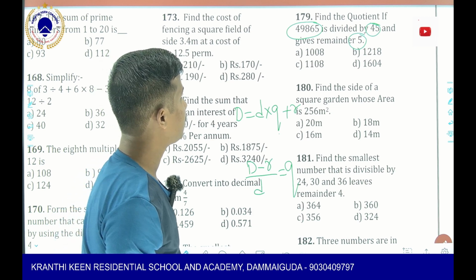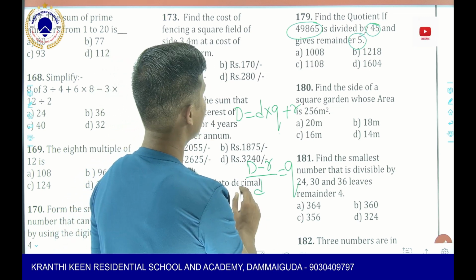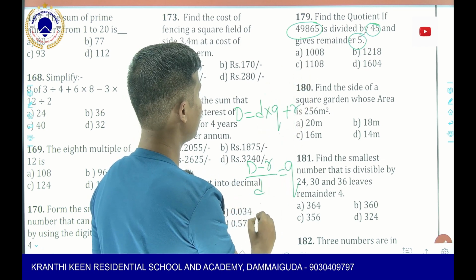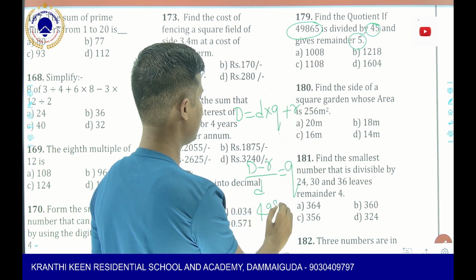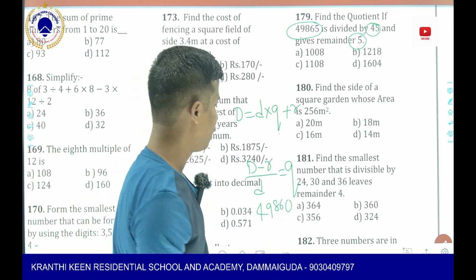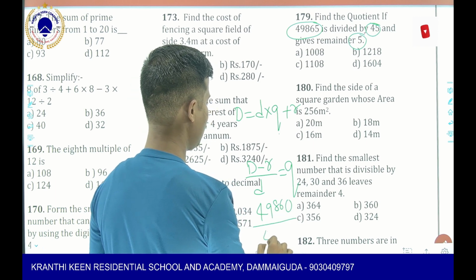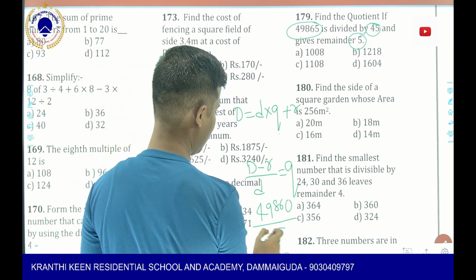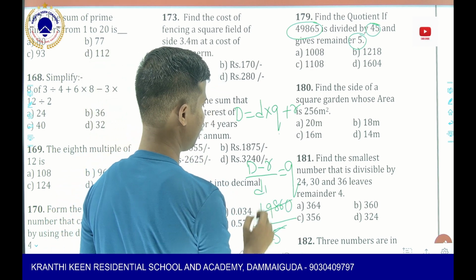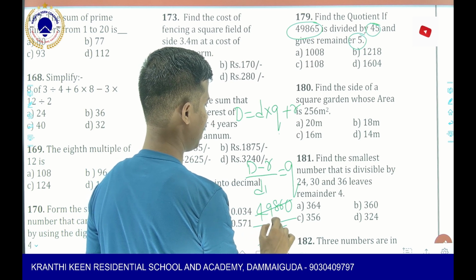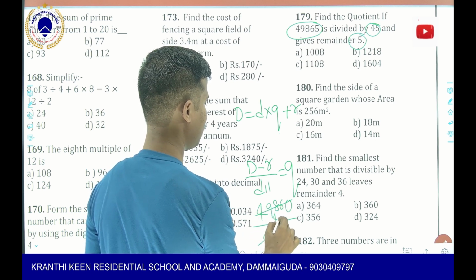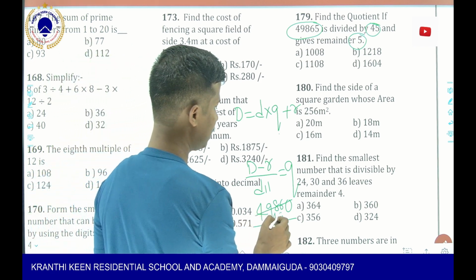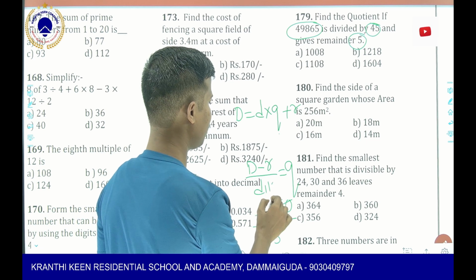Now substitute: 49,865 minus 5, what will you get? 49,860, divided by 45. Cancel. 45 ones are 45. What is the remaining? 4 remaining. 45 ones are 45. What is the remaining? 3 remaining. 36 is not divisible by 45, therefore add another 0.